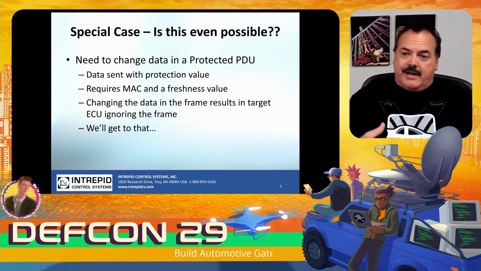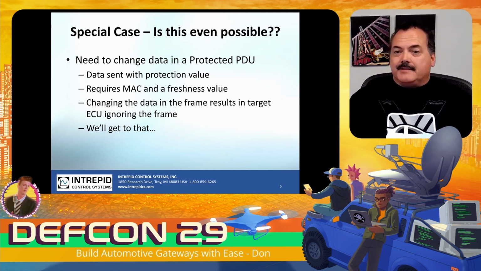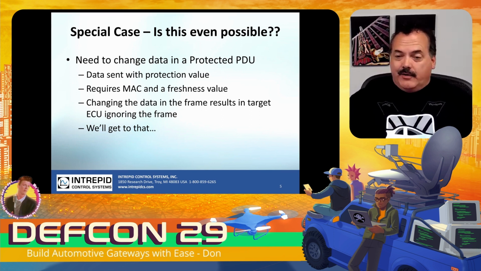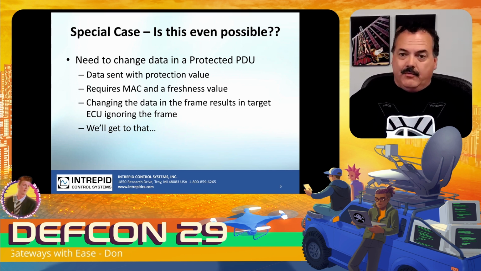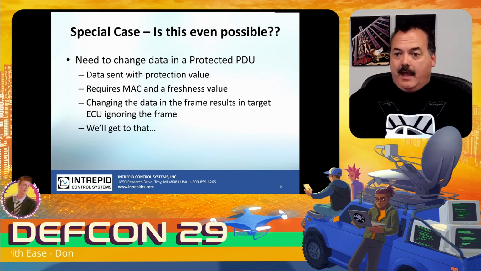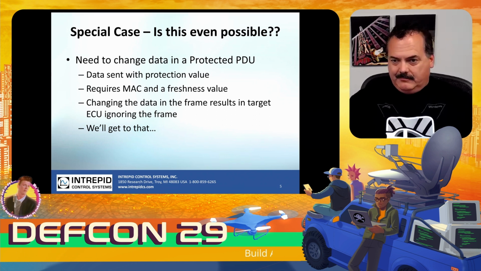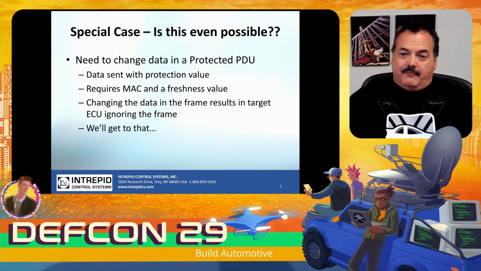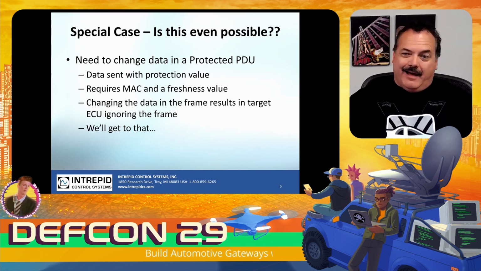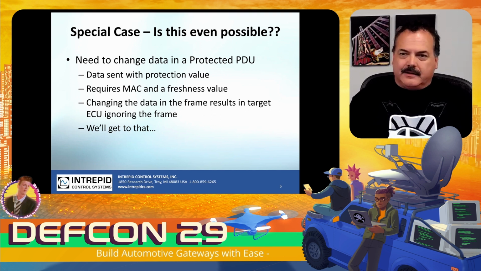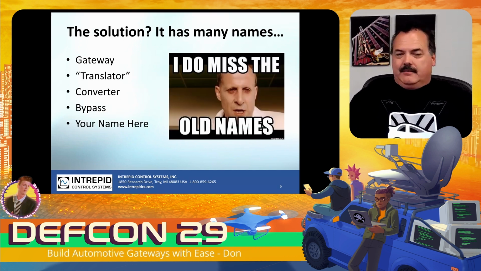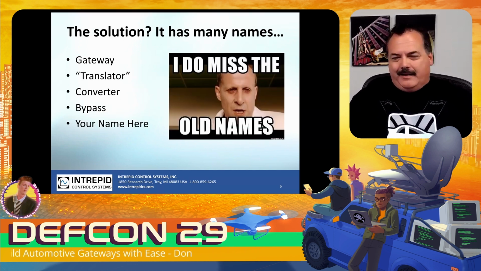And so changing that data, if we were to try to tweak it, means that the target ECU is essentially going to ignore the frame, because the MAC is created with the PDU or collection of signals as well as the freshness value. So changing the signal changes what the MAC should be. And so if we wanted to make a change in that, it's going to be a lot tougher, but we'll get to that.